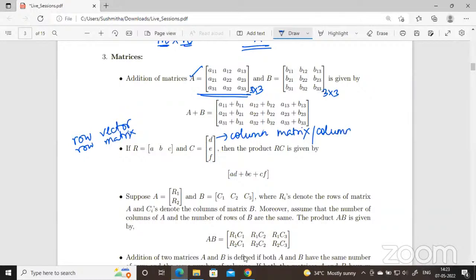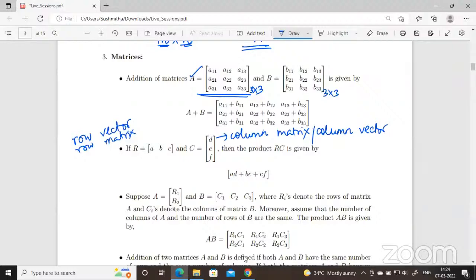One small doubt. Whenever we define a matrix, we always come with the row first, row cross column. But when it comes to multiplication, why do we compare column and then row? Any logic? No, it's just that you need to.